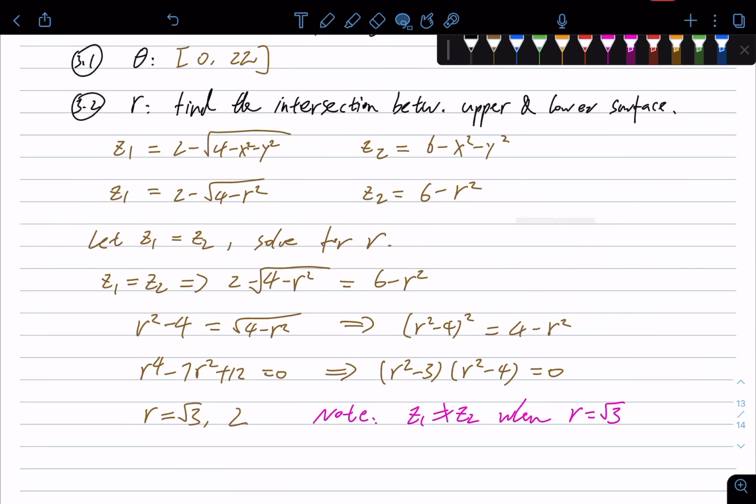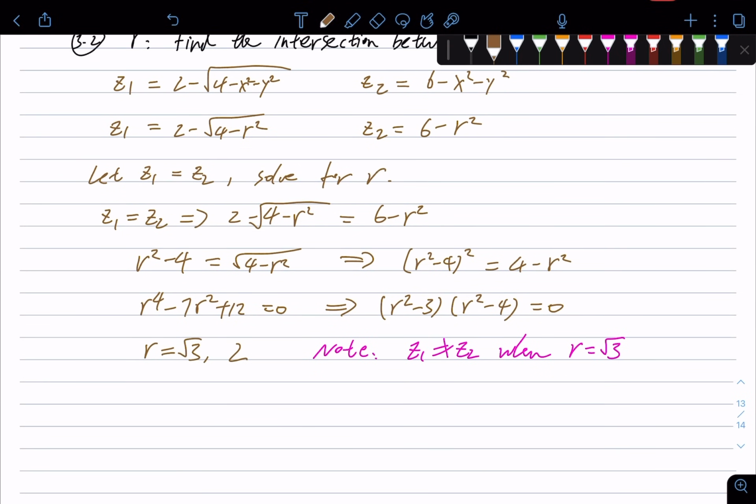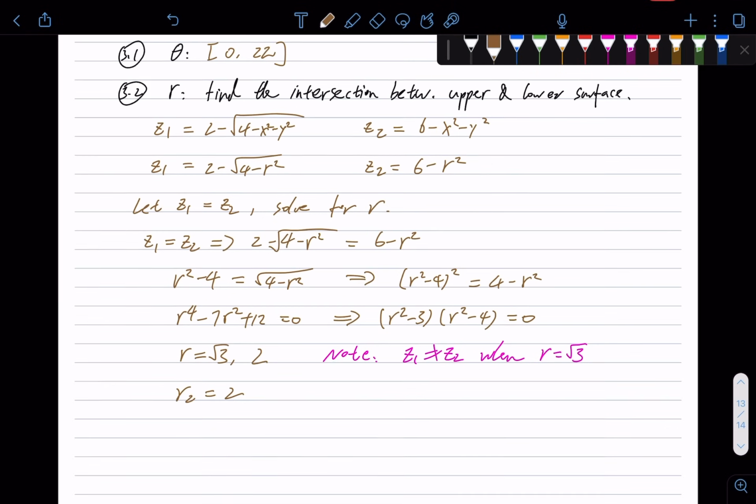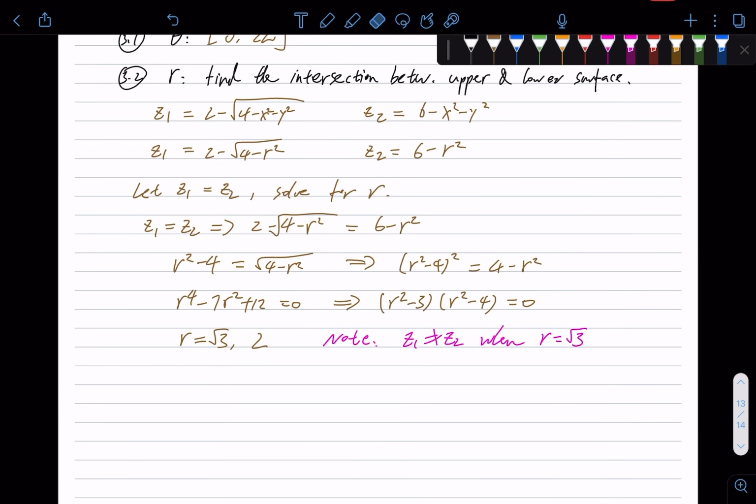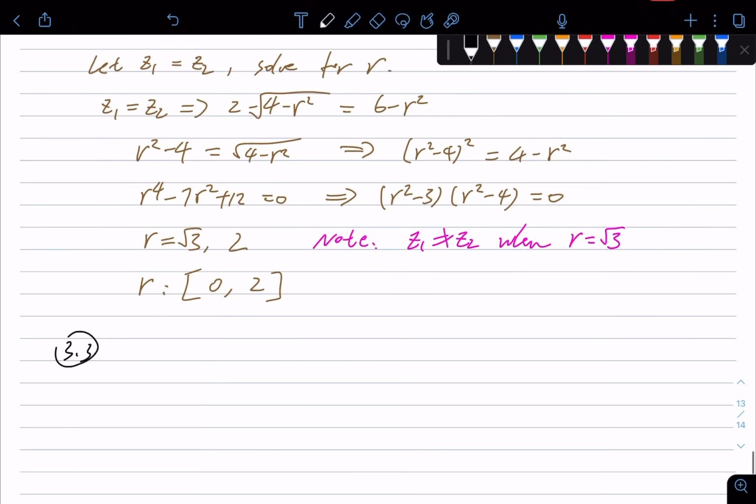So our valid r bound, the outer bound, is 2. So that means r belongs to from 0 to 2. Okay? And then 3.3, let's go ahead and find the z-bounds, right?